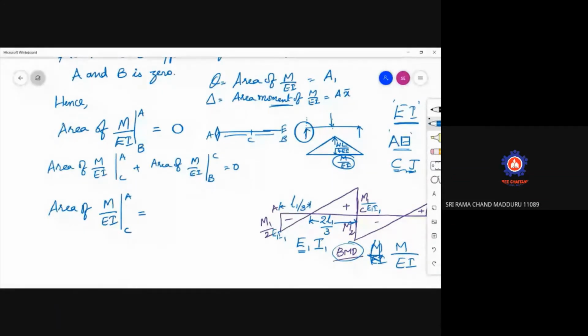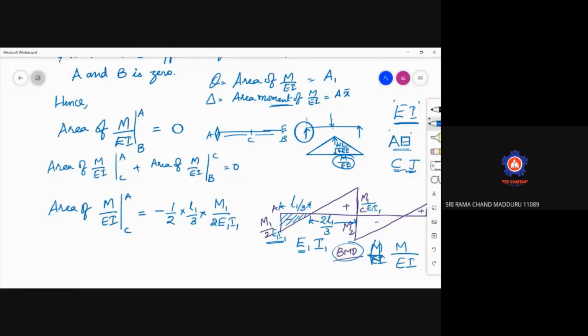This is negative. This is a triangle, so half into L1 by 3 into M1 by 2 E1 I1. This is the area I am writing. L1 by 3 is the base, M1 by 2 E1 I1 is the height, so you write half BH.